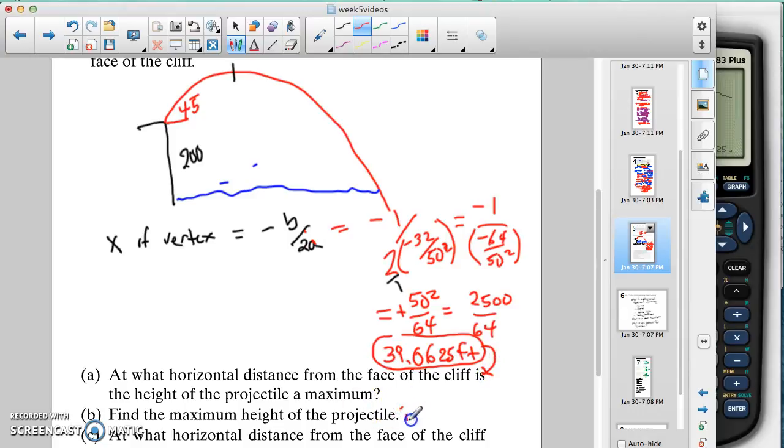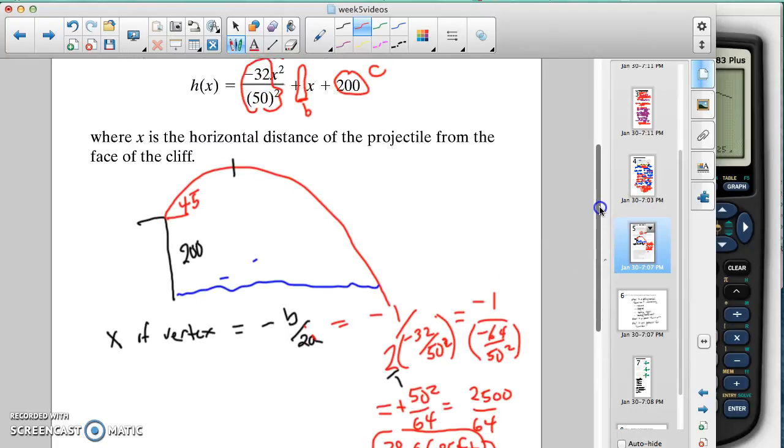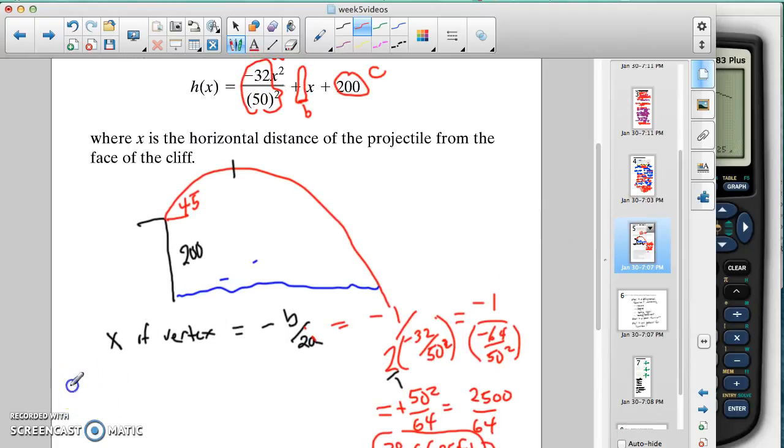Now we're working on maximum height. Maximum height, we need to plug that value back in to the equation. So we're going to have h of 39.0625 equals -32 times 39.0625 squared over 50 squared plus 39.0625 plus 200.